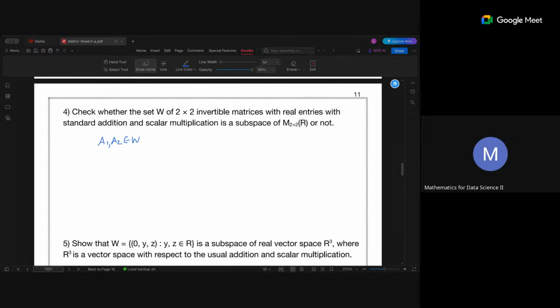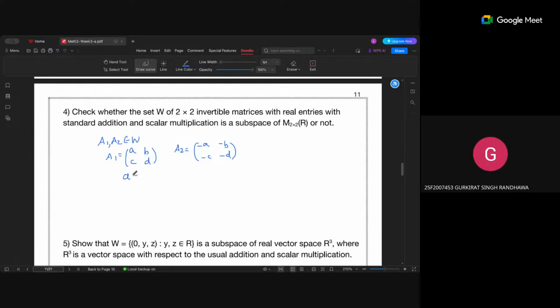So how can we do that? Maybe pick some simple case. Let us say A1 is [a b; c d]. And I take A2 equal to [minus a, minus b; minus c, minus d]. If this is invertible, what is the condition for invertibility? Determinant not equal to zero. So ad minus bc is non-zero. So determinant of A1, which is ad minus bc, is non-zero.